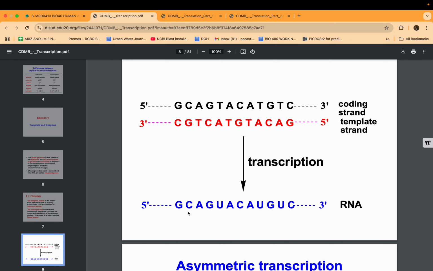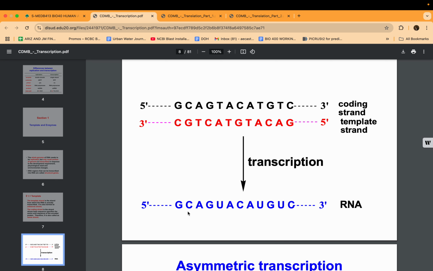But if you reverse, let's say for example that the RNA polymerase and the promoter is on this side, that I'm highlighting right now, you expect that the original coding strand will be the template strand since it's running from 3' to 5'.